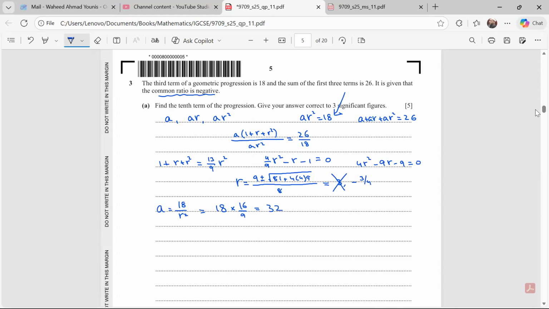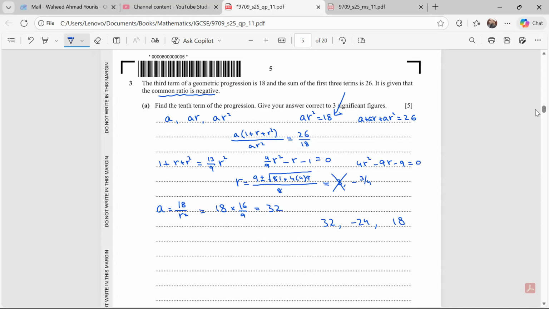Okay, so now you can imagine that my three terms are, first term is 32, then I multiply with negative 3 by 4, it becomes negative 24, and the next term is going to be 18. Okay, if I add these three numbers, it will give me 26, and you can see the third term is 18. So we found the sequence correctly.